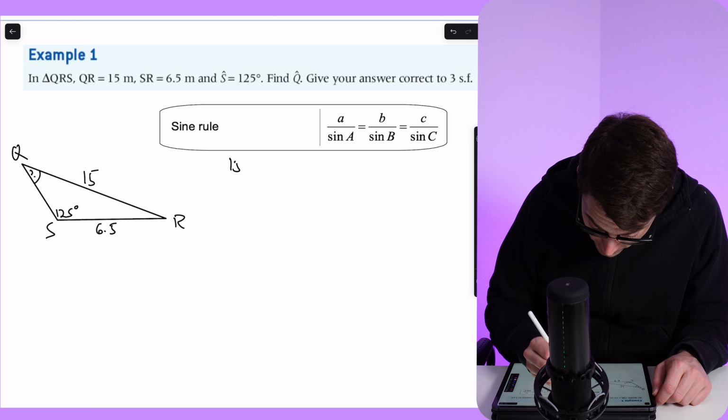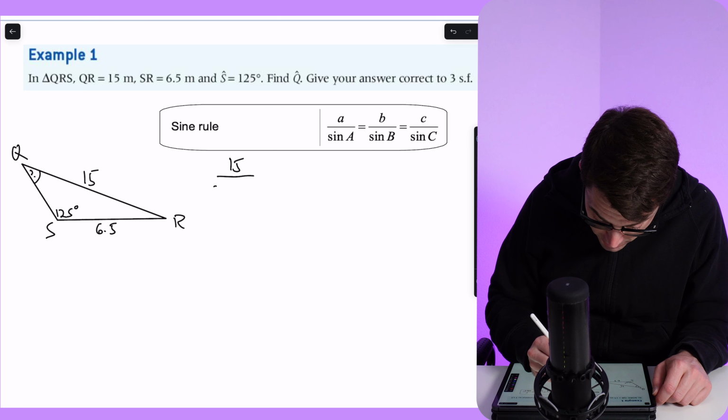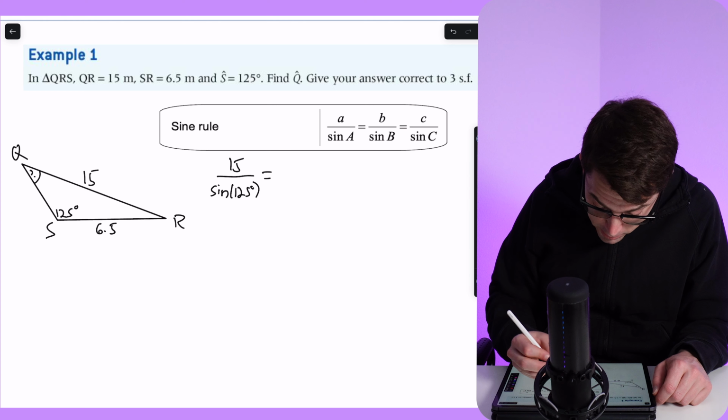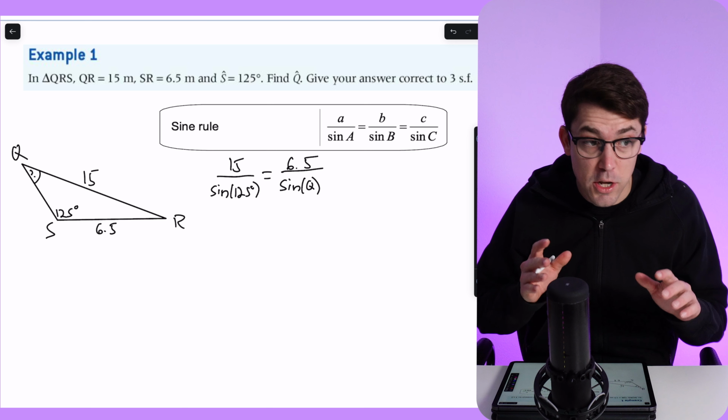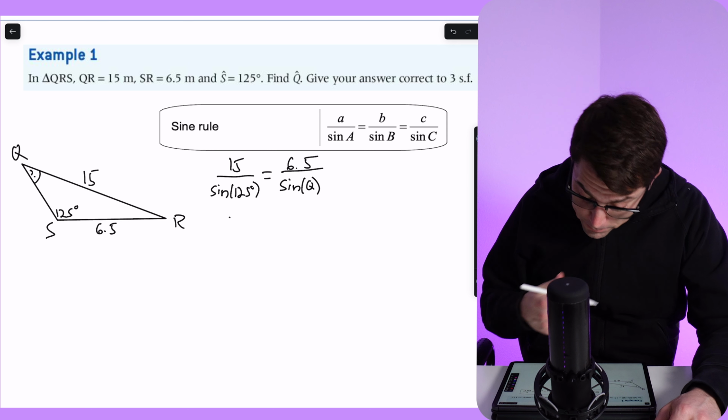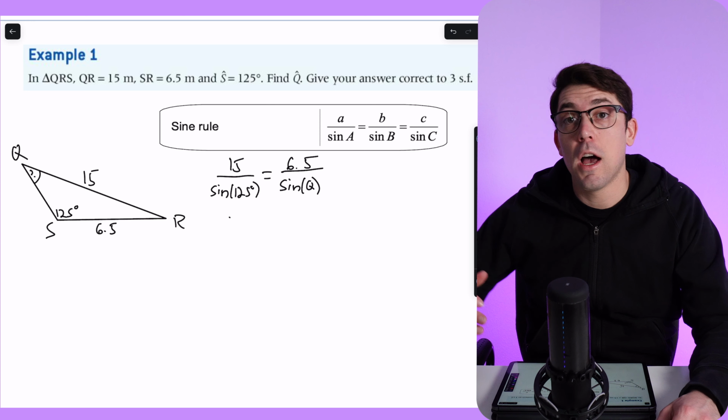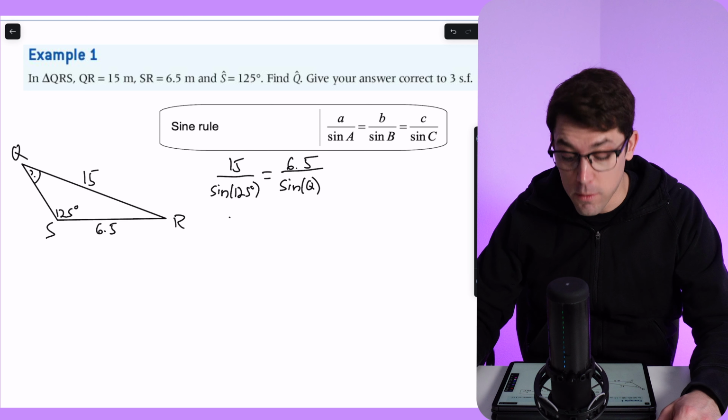Well, it's just going to be 15 over the sine of 125 degrees, and I'm going to equate that to 6.5 all over the sine of Q, and I don't know what Q is. Now, you could rearrange this. You could use Nsolve. There are many different ways to do this.